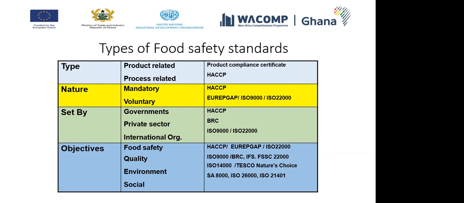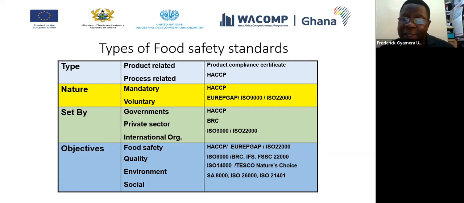Yes. So let's look at some of the food safety standards and where the product compliance certificate is needed. What type, the product related or the process related, and the compliance certificate.